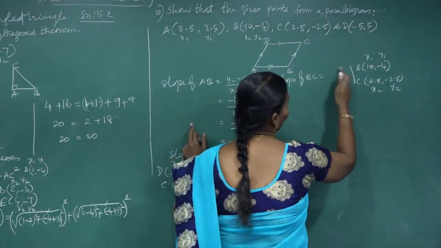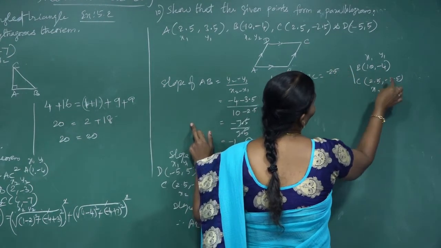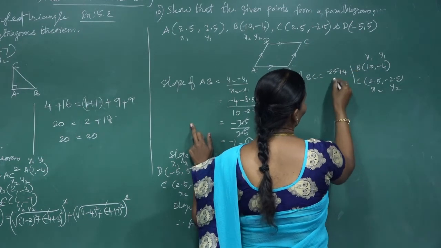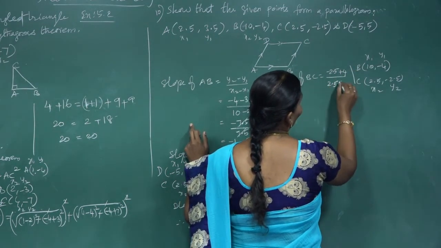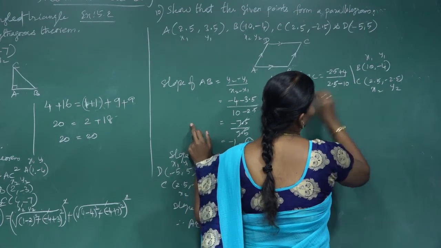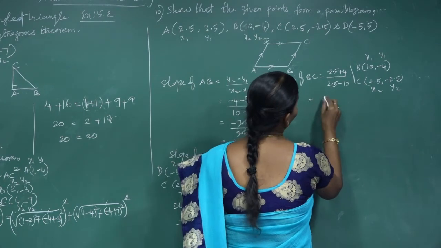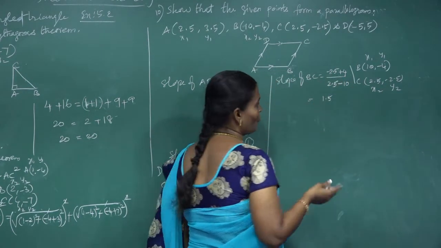The slope formula is y2 minus y1 by x2 minus x1. So you apply that. y2 is minus 2.5, y1 is minus 4, so minus of minus is plus 4. By, then x2 is 2.5, minus x1, which is 10. So 4 minus 2.5 is 1.5.